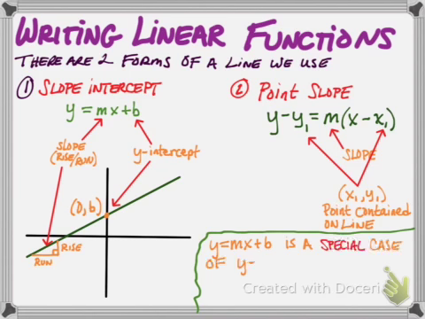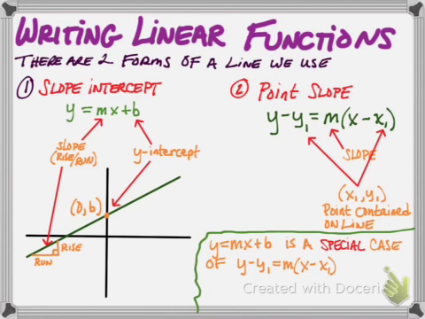So it turns out that y equals mx plus b is a special case of this. Can anybody think of why? What if I have a y-intercept? What does this become, the x1, y1, if it's on the y-axis? If I have this point, (0, b), what's x1 in this case? 0.